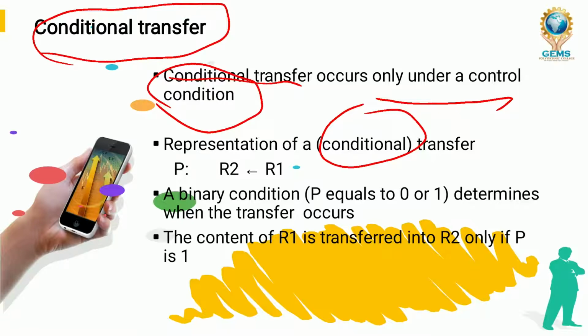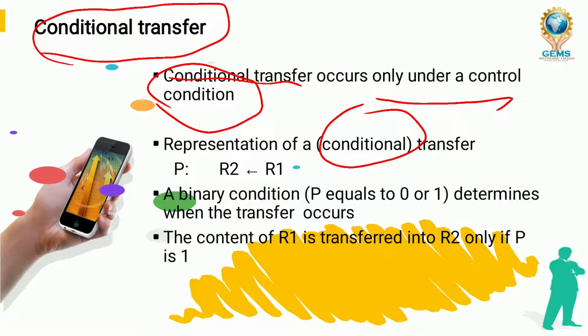The representation of a conditional transfer, notations and symbol, is given: P colon R2 arrow R1, or we can say R1 to R2. A binary condition P equals 0 or 1. It is a binary condition because two values are there. P equals 0 or 1 determines when the transfer occurs.